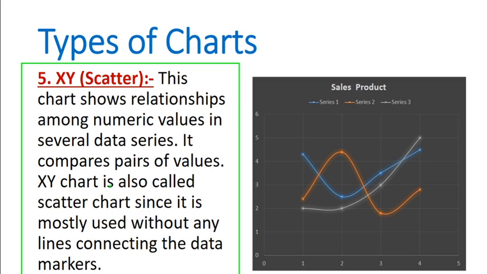The XY chart is also called a scatter chart, since it is mostly used without any lines connecting the data markers. So as you can see here, this is an example of the XY scatter chart.